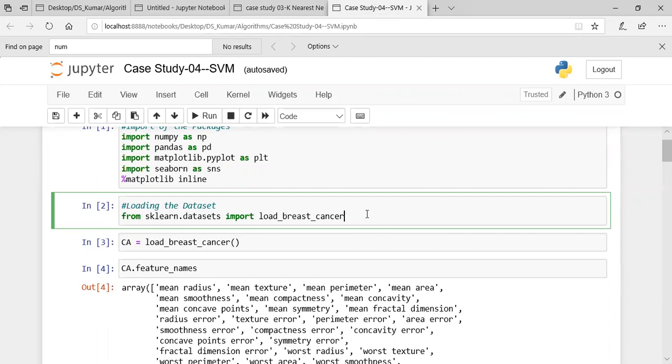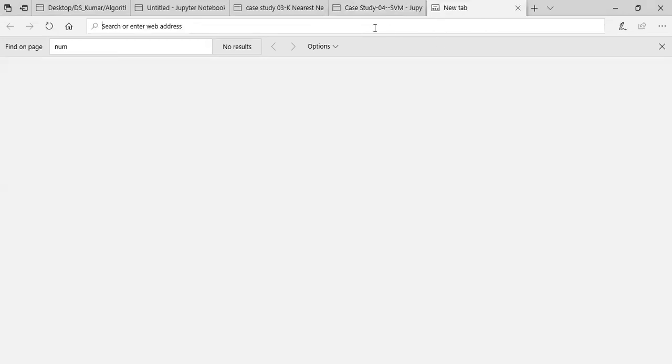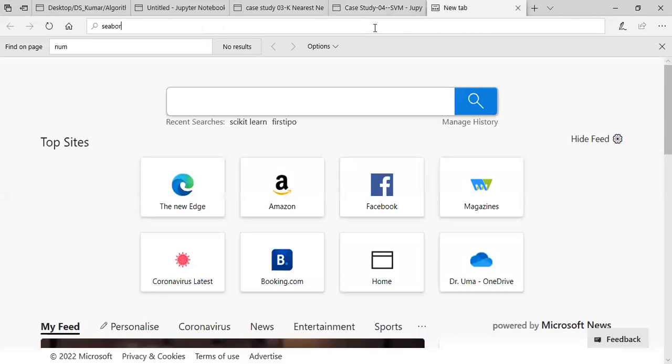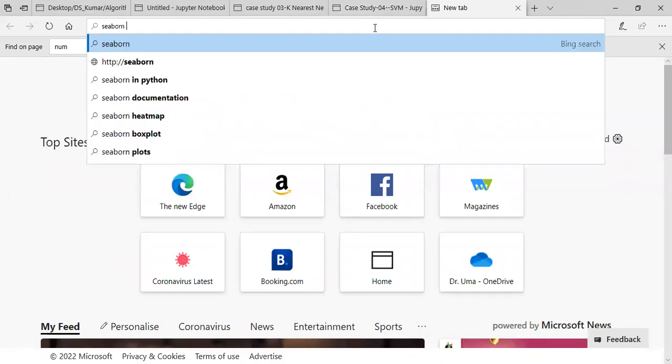Sklearn not only provides functionalities, but you can also make use of existing data sets. Long back, if you remember, we saw this with Seaborn. Hope you guys are seeing the screen.